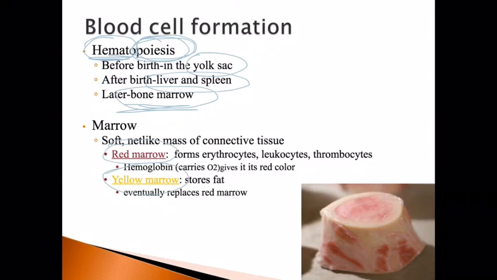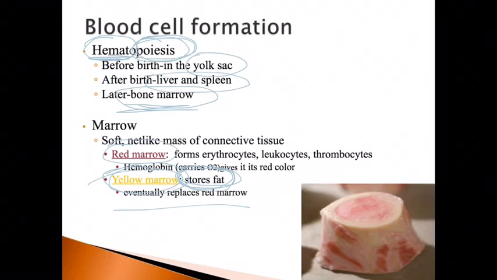How does that work? Well, the answer lies in the yellow marrow, because guess what? The yellow marrow stores fat. So if you put a bone in the soup and you boil it, that fat is going to be released, and that fat causes the soup to taste better because it gives it better flavor. So that's what the yellow marrow does. Yellow marrow simply stores fat.